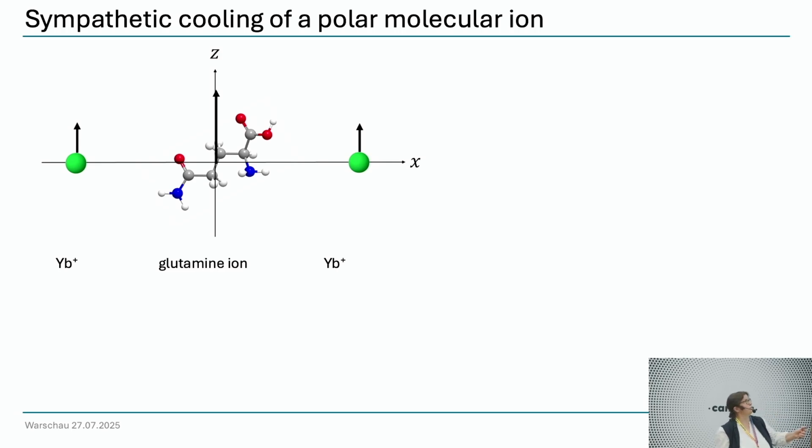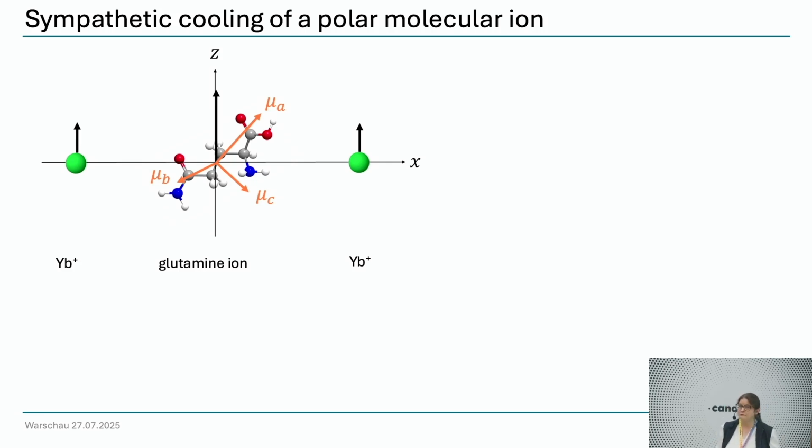And I should not forget to put here this little polar molecule in the headline, because what is important is that the molecule has a dipole moment. And actually, this glutamine ion is also a chiral molecule. That means the dipole moment has 3 perpendicular components.